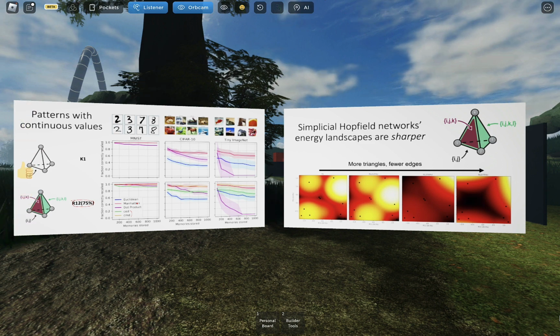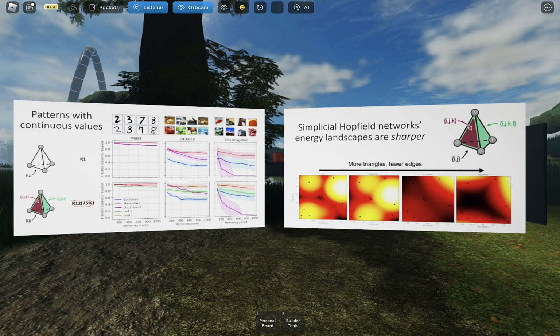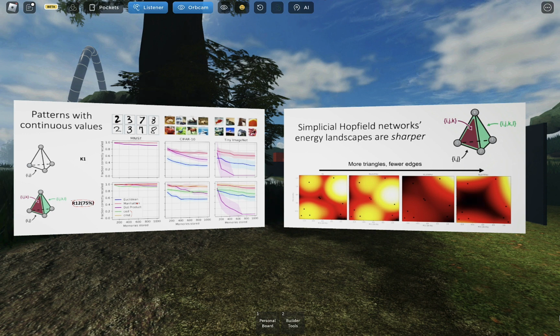If you had to, you could guess that maybe this is better in some sense, but it might be harder to find the model that computes this way than the model that computes with just pairwise attention or pairwise connections in a Hopfield network.